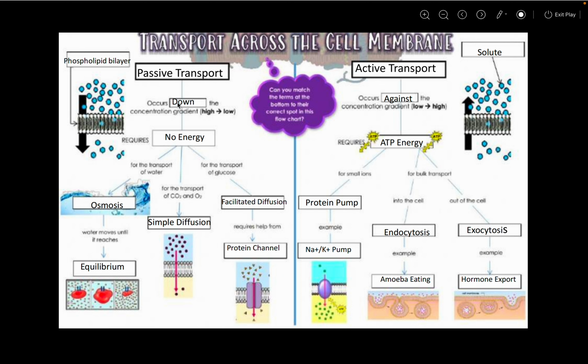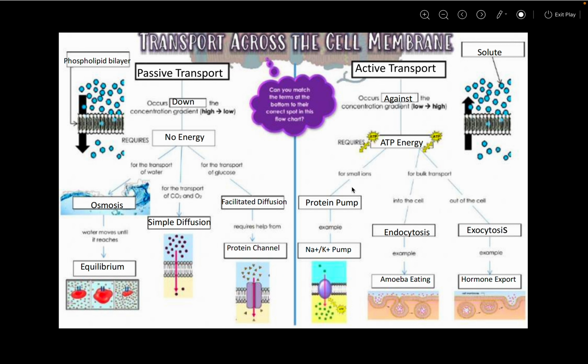In passive transport, it occurs down the concentration gradient, while for the active, it occurs against the concentration gradient, from low to high. And like what I mentioned a while ago, it does not require energy or ATP, while the active requires it.